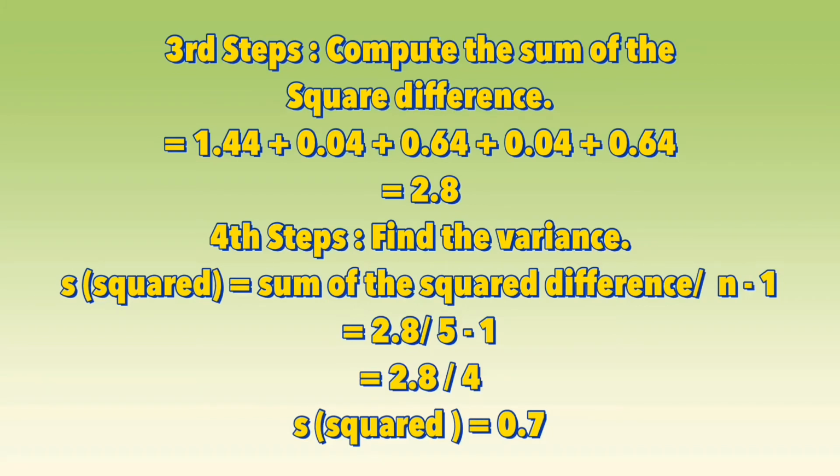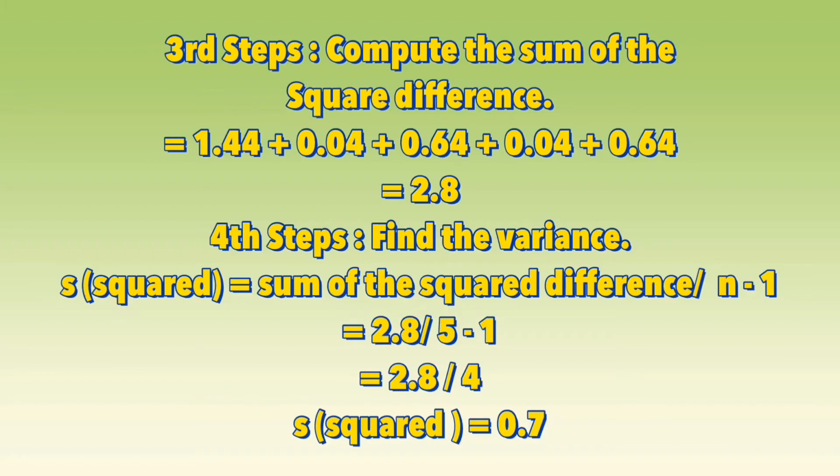Then we add, and the total is 2.8. The fourth step, find the variance now. Our formula to find the variance is s squared equals the sum of the squared differences over n minus 1, where n is the number of samples given.